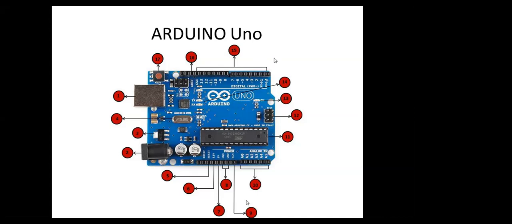Because some sensors are analog in nature, they get their data in analog form. For that we need to use analog pins, and for certain outputs we need digital data. That means the output is either on or off, based on the analog sensor data. We discussed one example in the previous class, a soil moisture controlled motor, right?